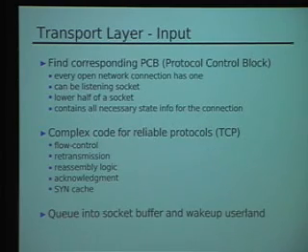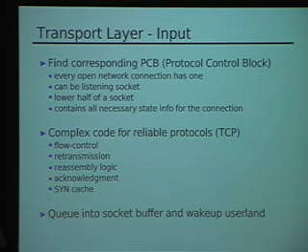These functions will do, again, the verification of the packet. And one of the first things they will do is finding the corresponding PCB. Every socket has a PCB assigned to it. So the PCB is the lower part of the socket.